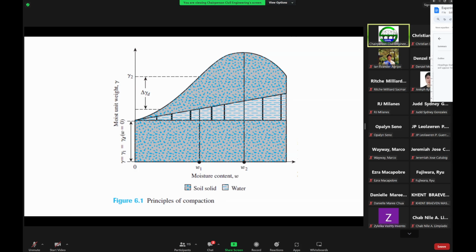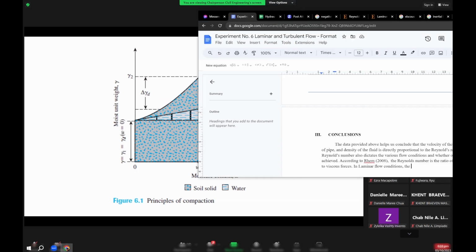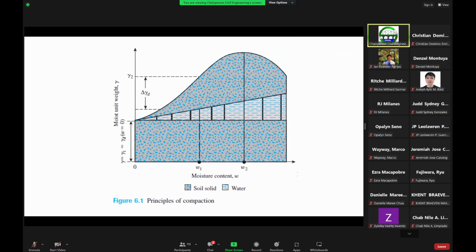So the goal then of compaction is to try to get the optimum moisture content as well as the maximum dry unit weight. So we need to have a graph, something like this.